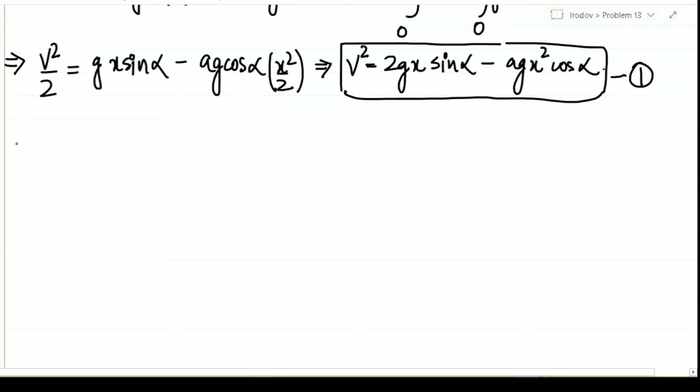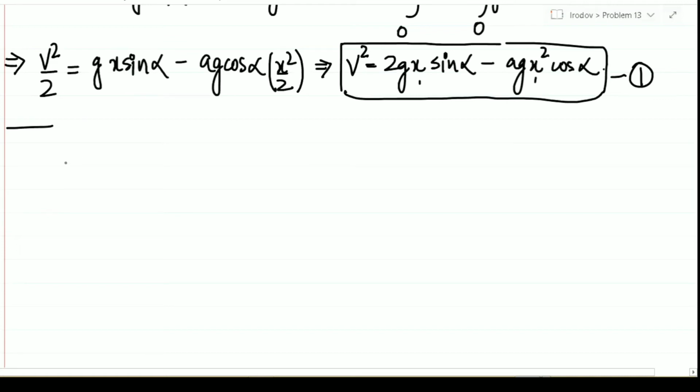Now the point is we have to find the distance it travels. Let us say it travels a distance x. The relation between v and x is given.